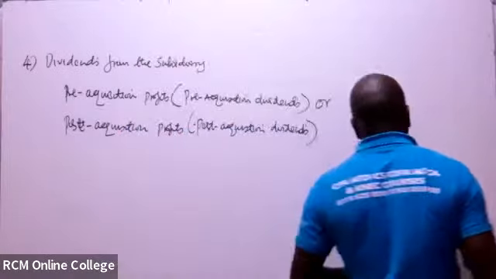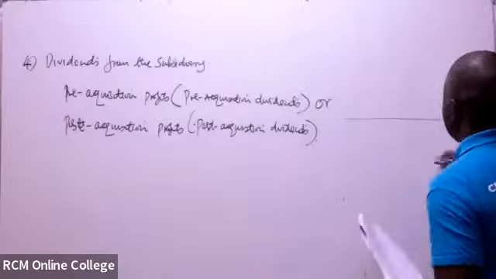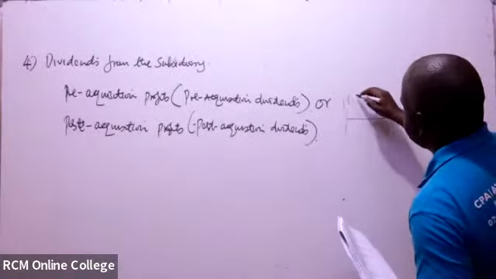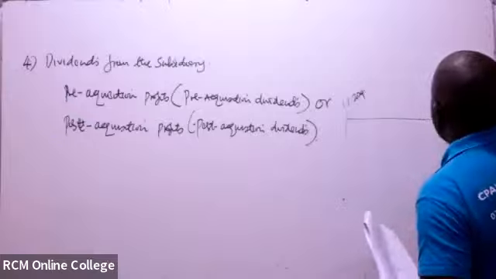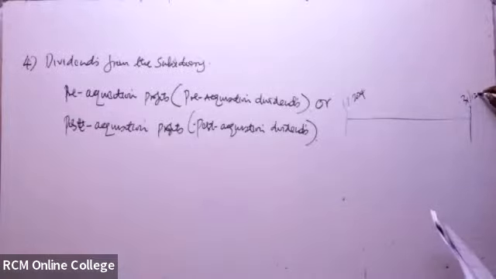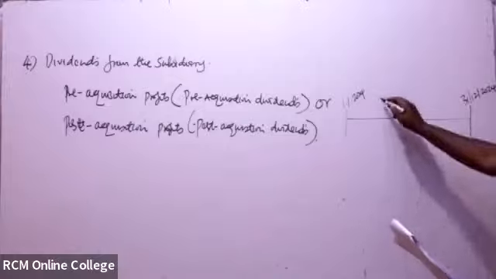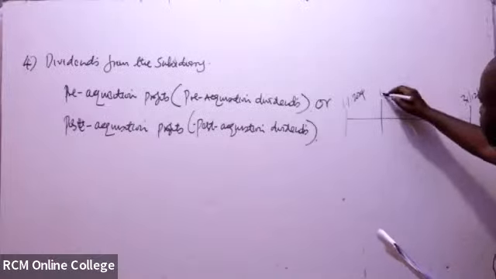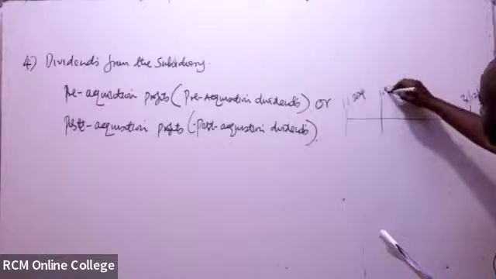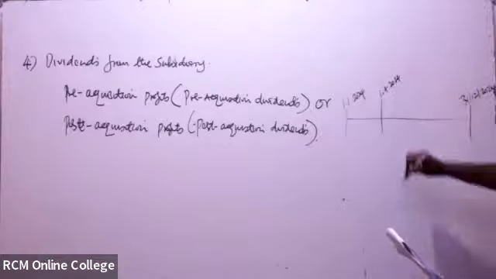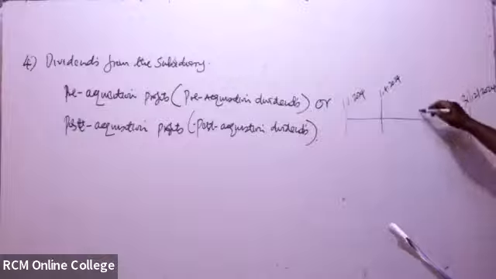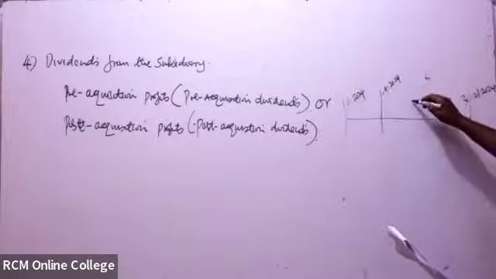So there can be a scenario whereby, for example, we have the whole year, 1st of January 2024 to 31st of December 2024. The subsidiary can be acquired here, maybe on Fool's Day, 1st of April 2024. So this subsidiary has only existed for how many months? 9.